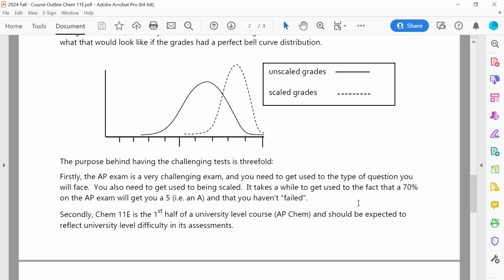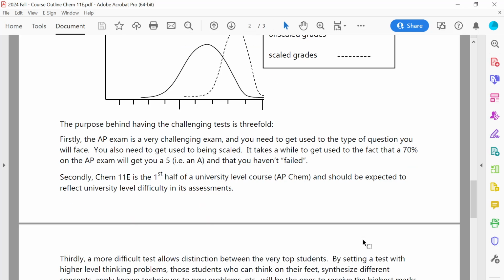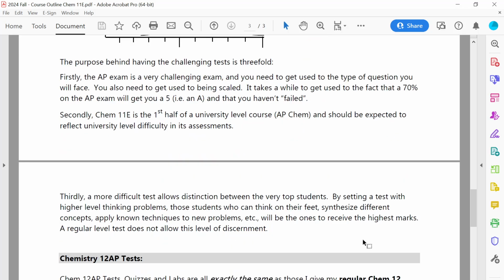Anyway, why do I do this? Because the AP exam is challenging. You need to get used to that level of question. Number 2, Chem 11E is the first half of a university level course, and it should reflect university level difficulty. And thirdly, I want to be able to tell who is the top student, who is the second top student, and who's the third top student.